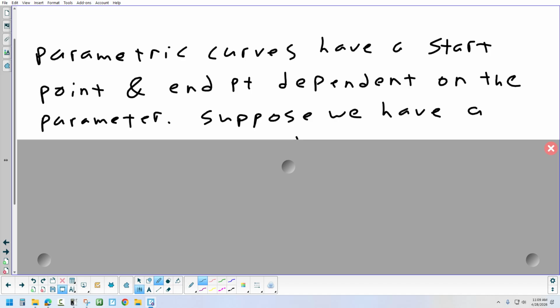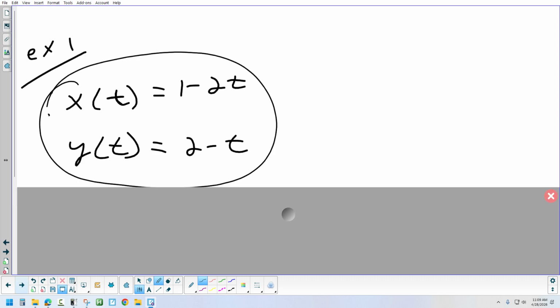And where a graph is going to start and stop is going to depend on your variable. It's going to depend on your parameter. So when you look at these 2 formulas, look at this part right here and that part right there.